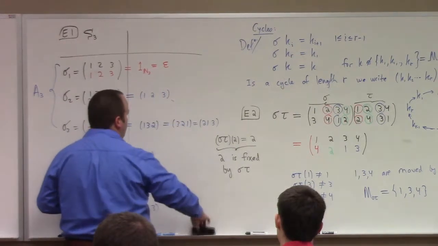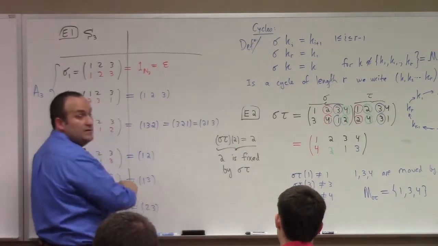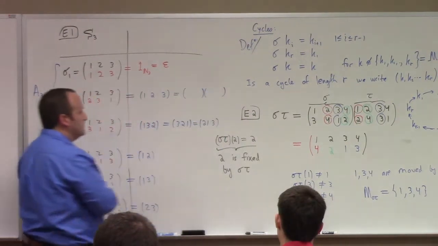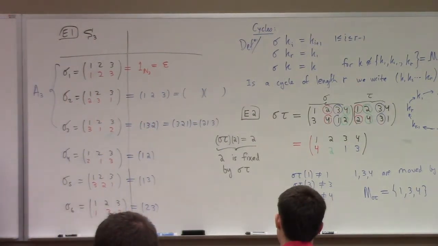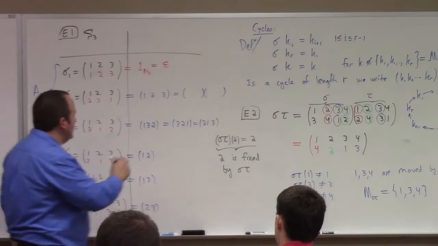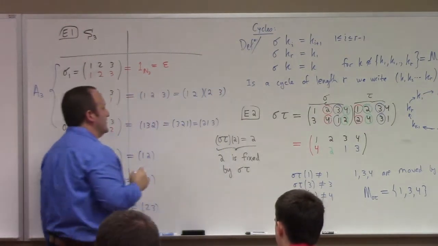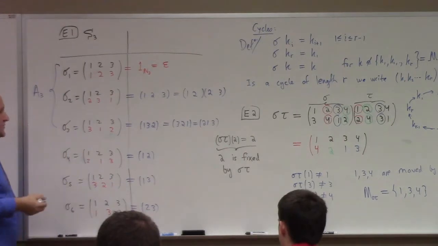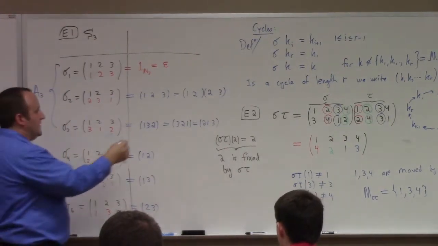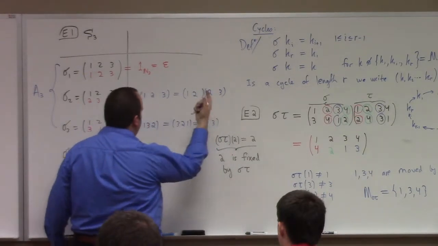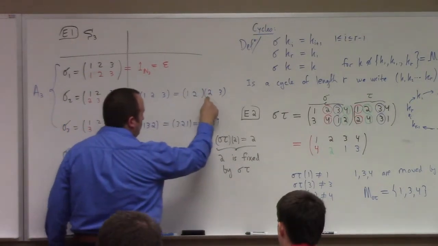Rewrite this, (1 2 3), as a product of 2 transpositions. (1 2)(2 3). I think that's the trick that Nicholson gives us, right? Is that right? See, 1 goes to 2, 1 goes to 2, very good. 2 goes to 3, then 3 stays put.